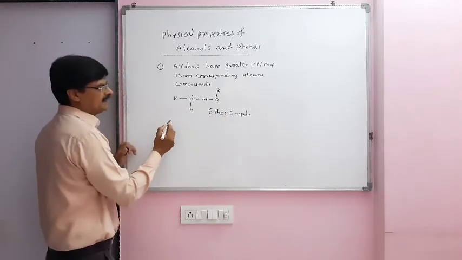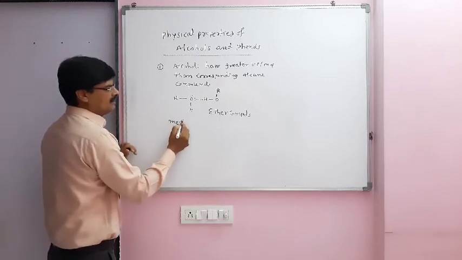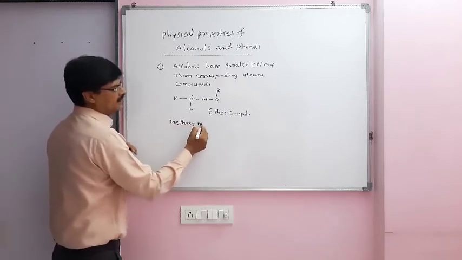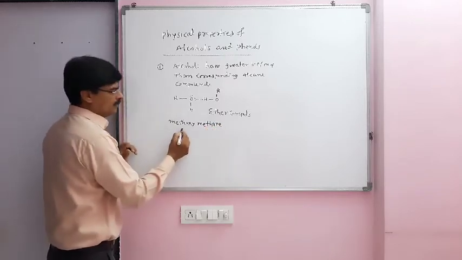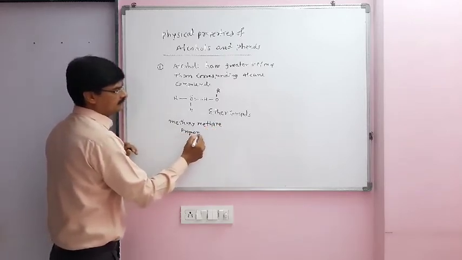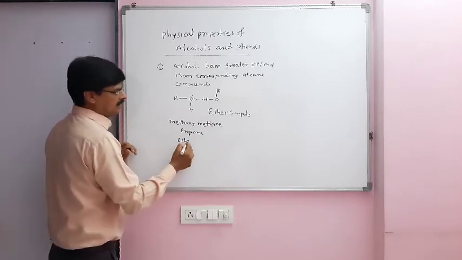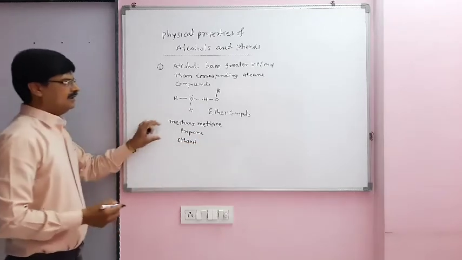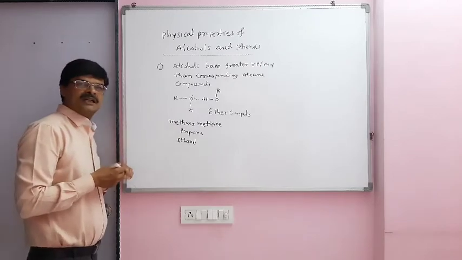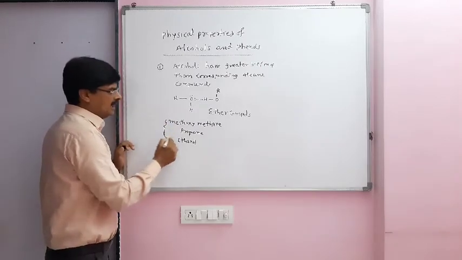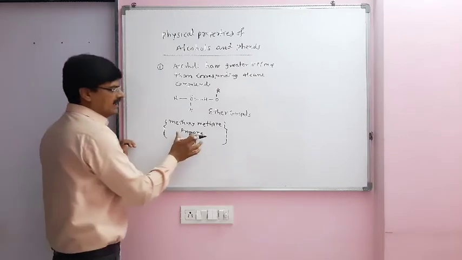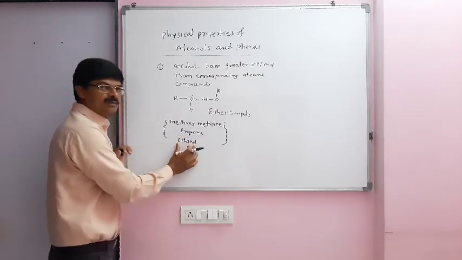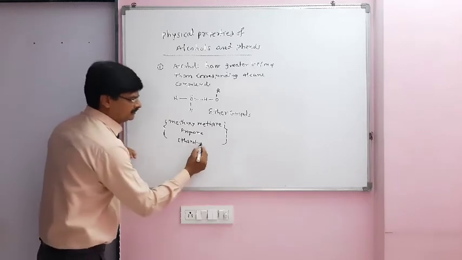So if we take the example of methoxymethane, propane and ethanol, they are of nearly equal molecular mass. Even then, the boiling point of ethanol is maximum.